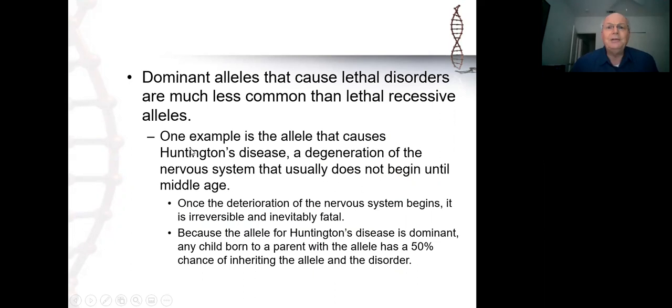And that is that the condition does not begin to manifest itself until the individual is around 30 to 35. And it is terminal and it is lethal. It is a neurodegenerative disease, and it does kill the individuals who develop the condition. And if you have a single copy of the allele, you will develop the condition and it will kill you. But typically, the emergence of the condition doesn't begin until middle age, around 30 to 35.